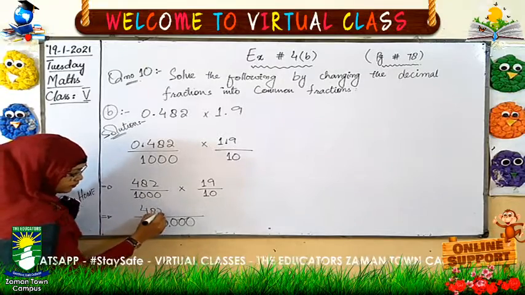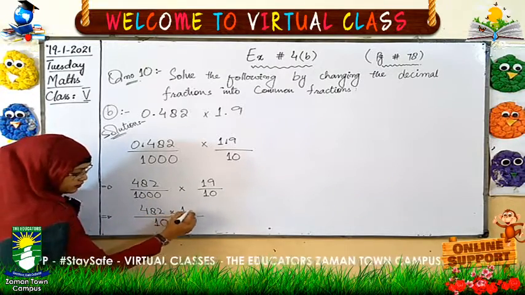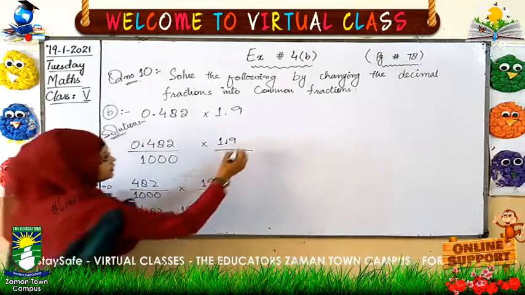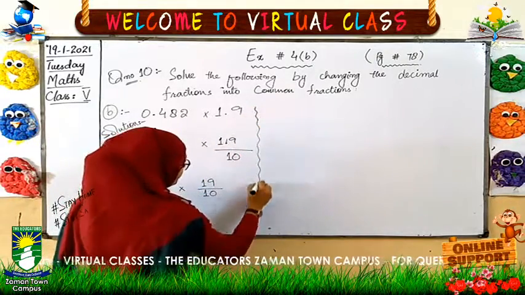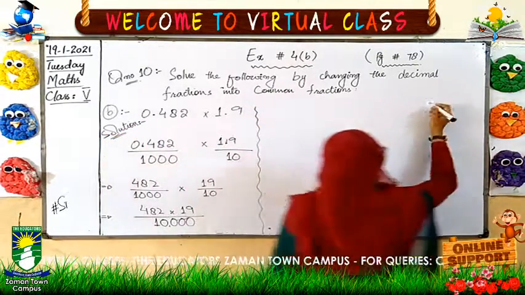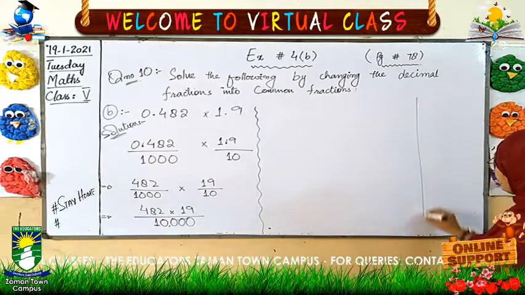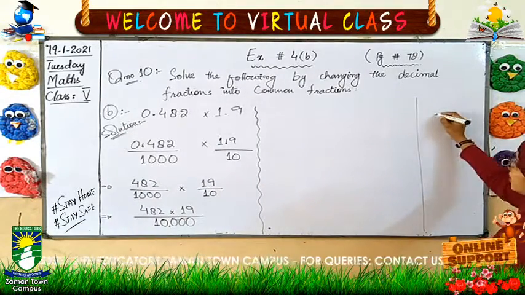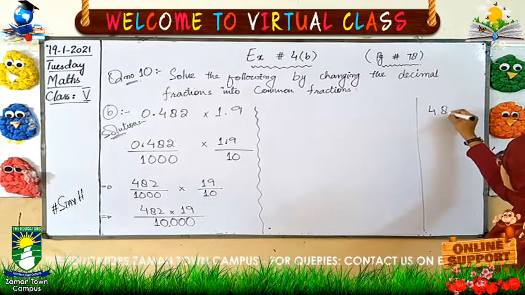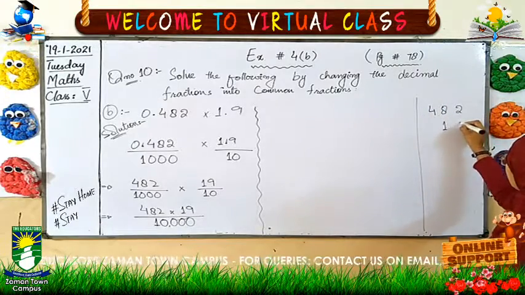482 multiplied by 19. Now in the rough column we will do the multiplication here. 482 multiplied by 19.